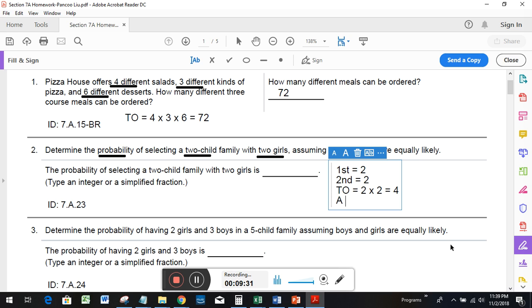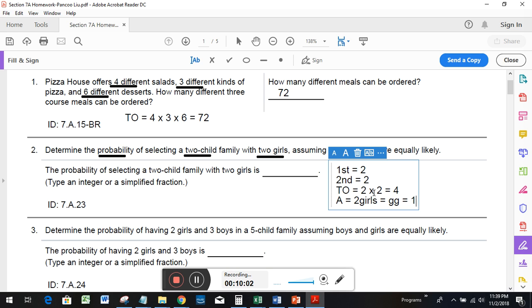So let's say A is the event of having 2 girls. The possible combinations of having 2 girls is if your first child is a girl, second child is also a girl. So girl, girl. That's only one possible combination. There's no other combinations that will give you 2 girls in a 2-child family.